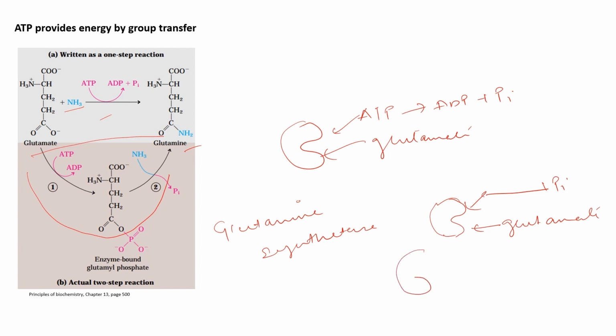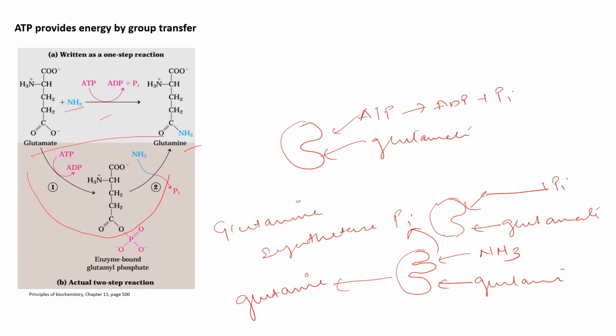It will take some other shape so that now it can bind with NH3. Here glutamate is there. Now NH3 will bind with the release of Pi and then the formation of glutamine will occur.